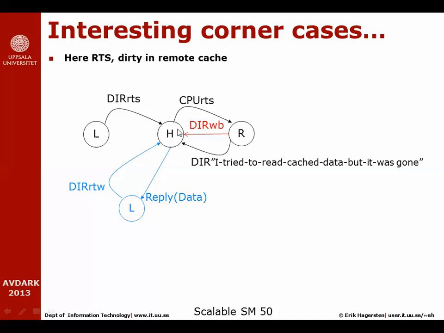So the data has already been sent from the home node to this blue node, and now this data copy is the dirty data copy in the system, and this newly sent panic message to the home node cannot be fulfilled because we have to go on and chase the data back to the blue node. So after you get the directory message, I tried to read cache data, but it was gone, then we should try to chase the data to where it's dirty right now.